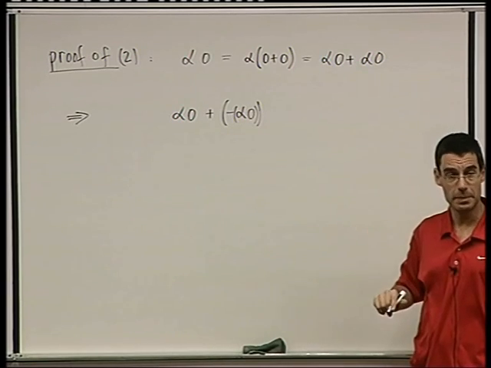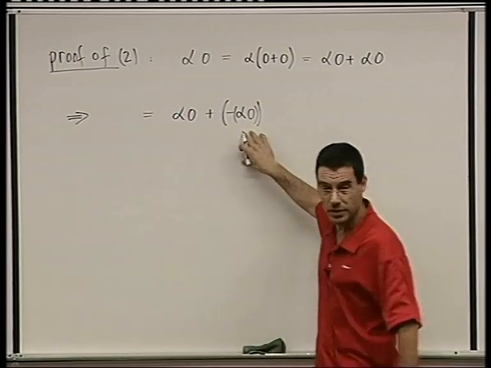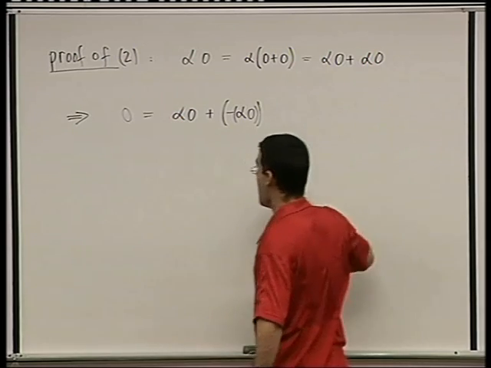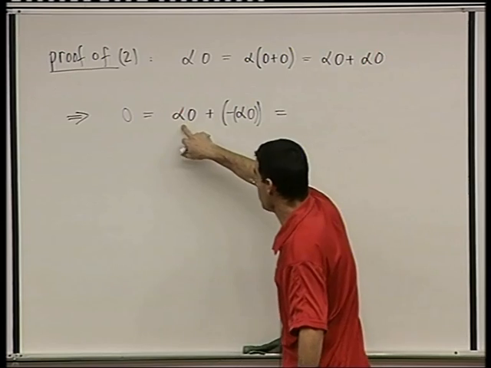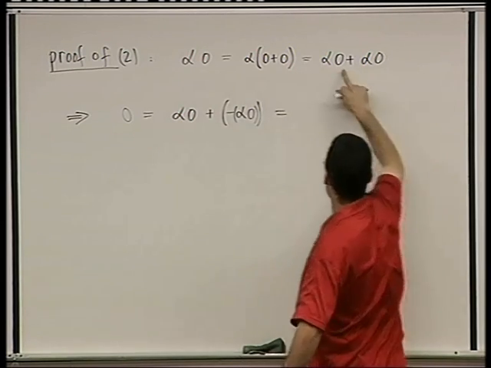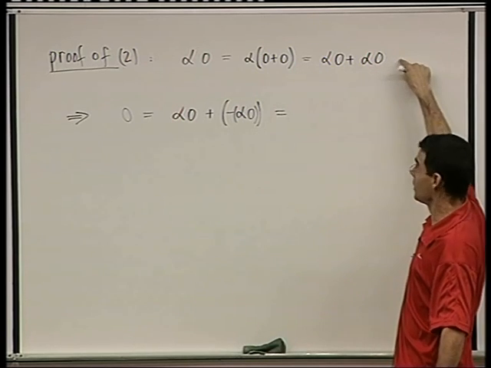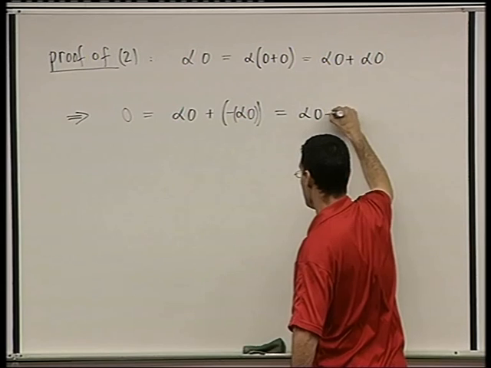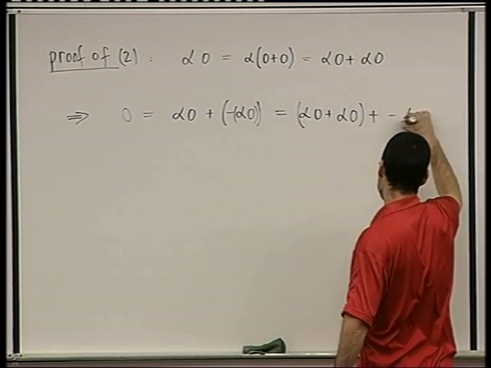That's a property of an abelian group. On the one hand, what is an element plus its inverse? 0. Do you agree? On the other hand, this equals, and now I'm going to replace alpha times 0 by 2 of them. Okay, and I can do that because of what I showed here. So I get alpha times 0 plus alpha times 0 plus minus alpha times 0.